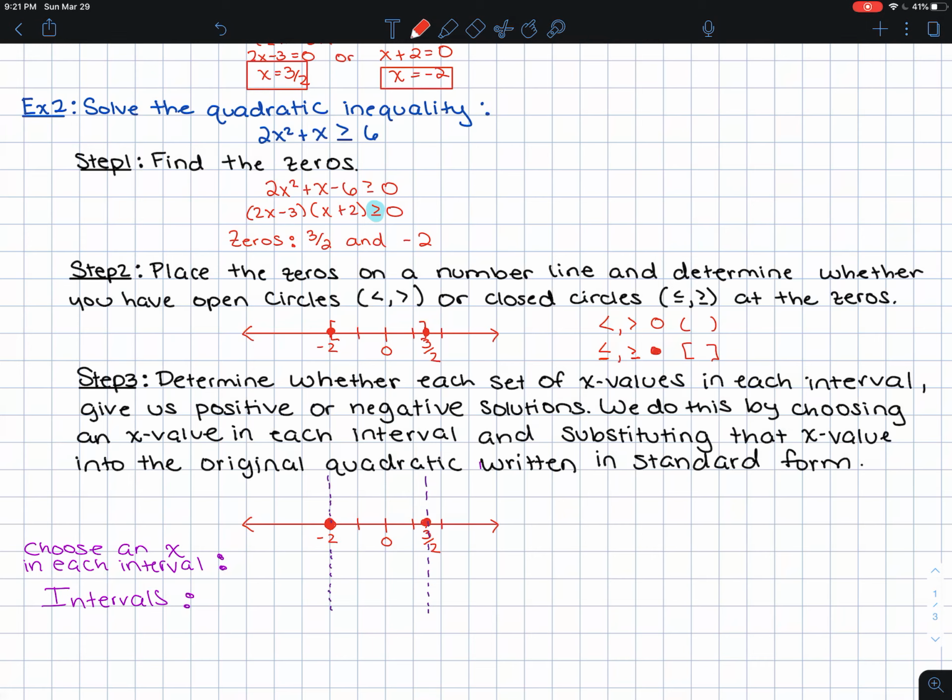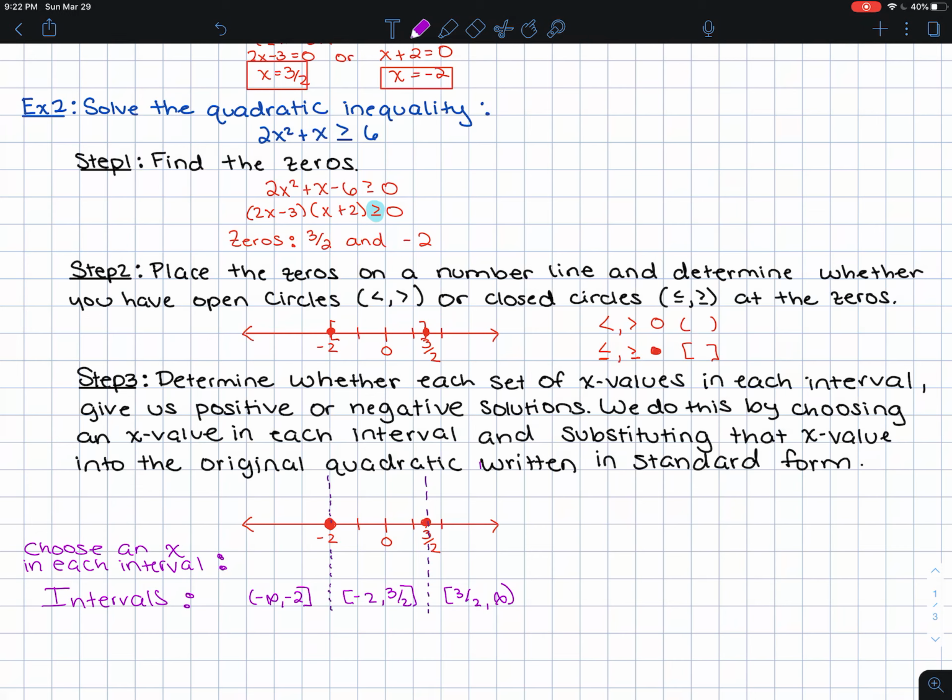And I just want you to think about what the first interval looks like. If you said -∞ to -2, then you are correct. And don't forget to write a bracket because we include -2. The second interval is -2 to 3/2. And finally, the third interval is 3/2 to infinity.